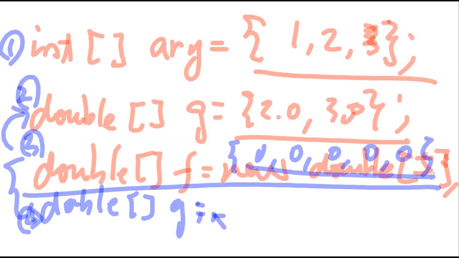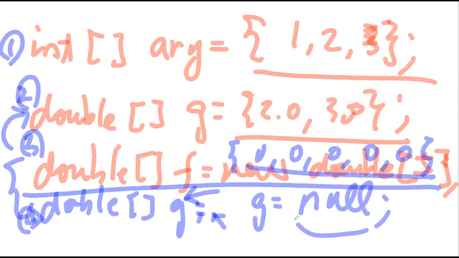What is nothing for a reference type? 0? Close. The address for this would actually be assigned as null. Null means the pointer is pointing to nowhere. Is that okay? So now let's go back to our program.